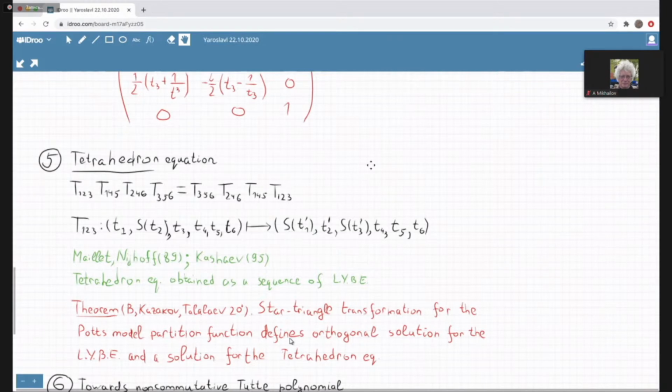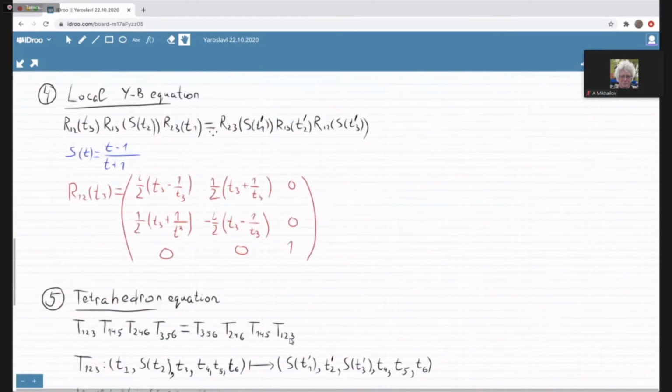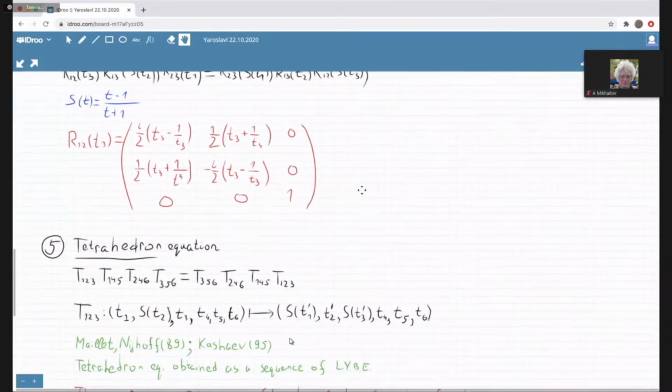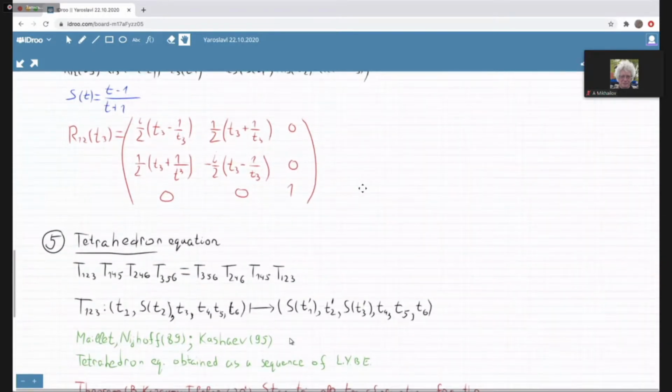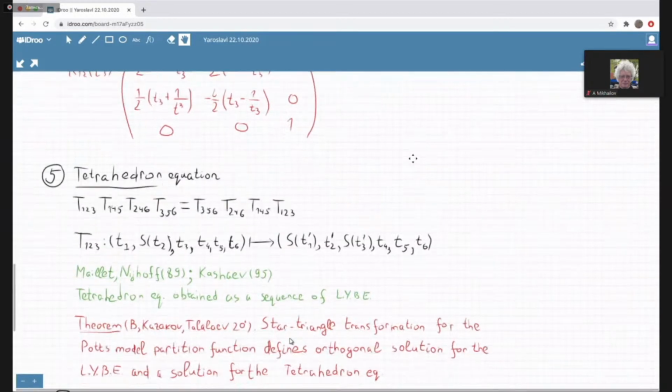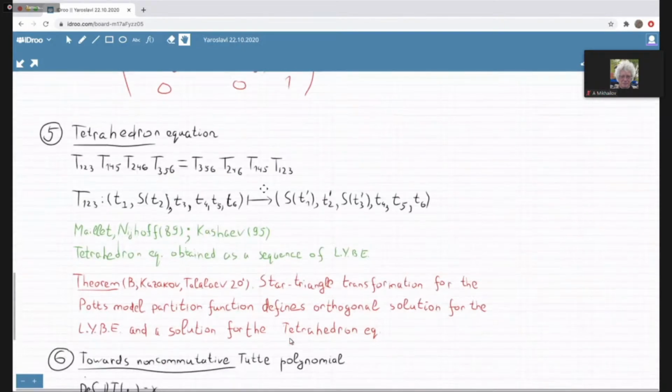So from the solution of the local Yang-Baxter equation we do a series of local Yang-Baxter equations, and we obtain the tetrahedron equation. Again, it was a hypothesis by Kashaev that we will have a solution of the tetrahedron equation, and we present two proofs of this fact.